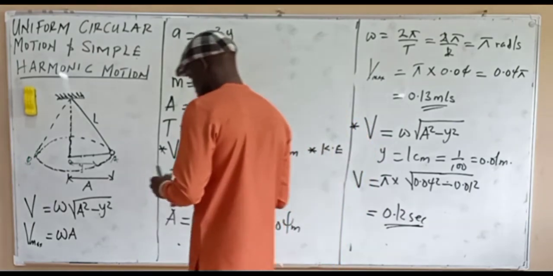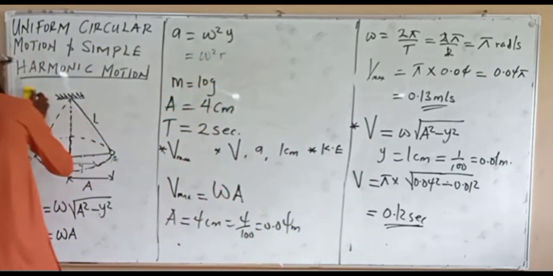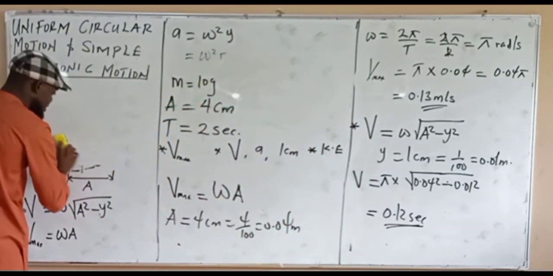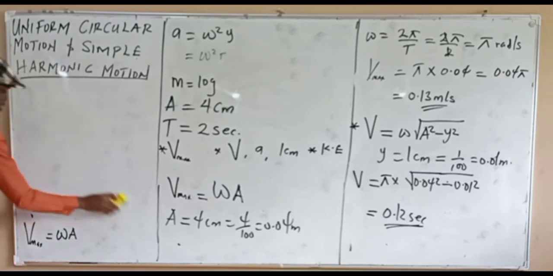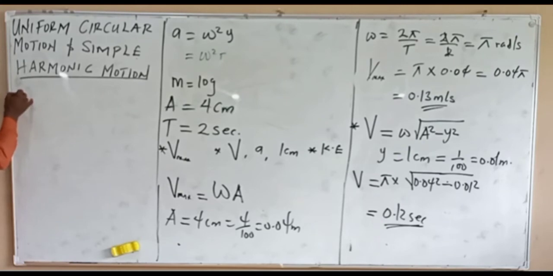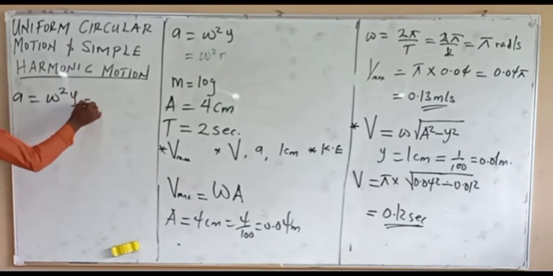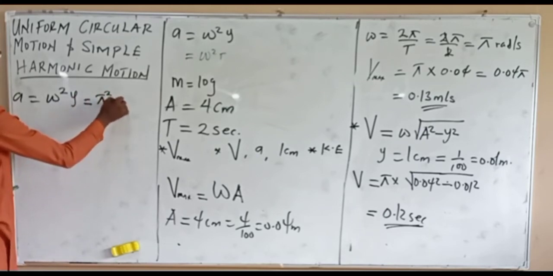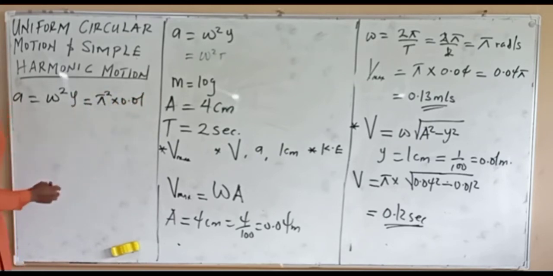The next, what will be the acceleration at 1 cm from the center? So the acceleration will be w squared times the distance from the center. That will be pi squared times 0.01.